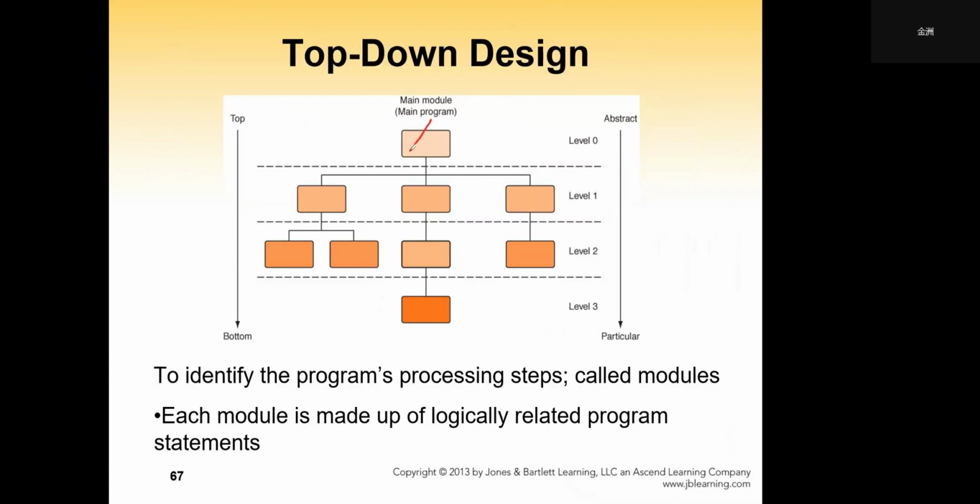So we divide the main program into several tasks, and each one can also be divided into several tasks. It is such a processing from the top to the bottom. So we define the program's processing steps. We call them a series of modules, and each module is made up of some logical, repeated program statements.